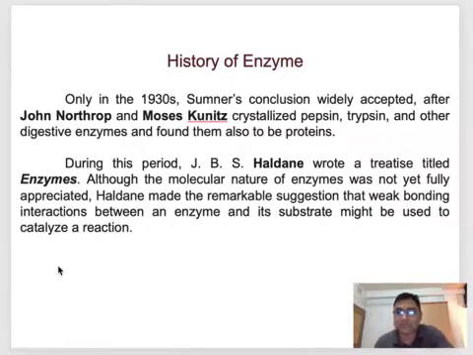At that time, two scientists named John Northrop and Moses Kunitz crystallized various other enzymes like pepsin, trypsin, and other digestive enzymes, and they also found that all those enzymes were proteins. So Sumner's conclusion was widely accepted.